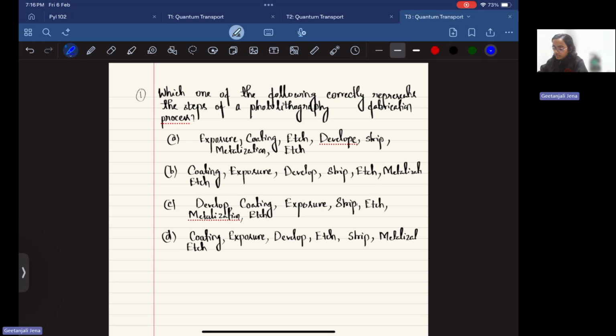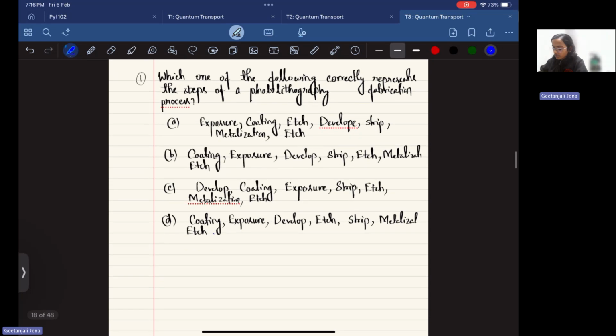And option C, we have develop, then coating, exposure, strip, etch, metallization, etch. And in option D, we have coating, exposure, develop, etching, strip, metallization, and further etching. Which one of these do you think is the correct one?